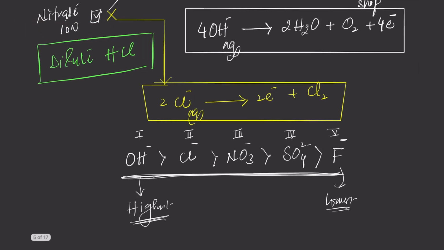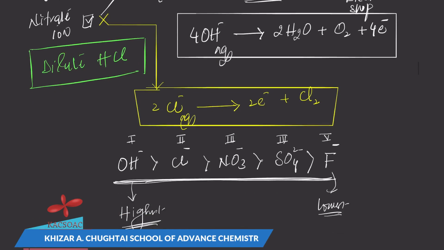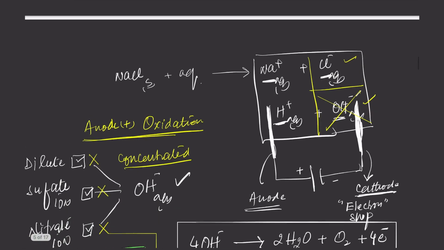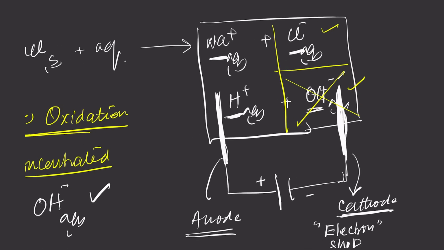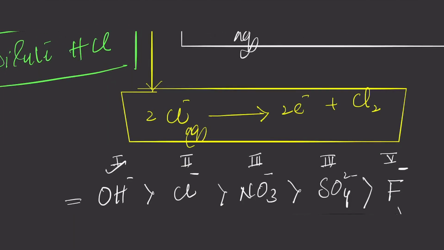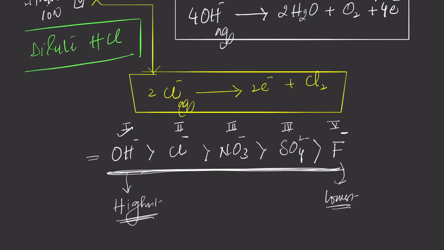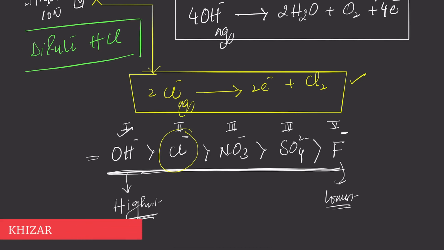So what is the reason for your choice? When the OH- ion is the winner, it simply means it is according to the electrochemical series. Here is the competition between the OH- ion and the Cl- ion, and OH- is the winner according to the reactivity series. It is according to the law. It's obvious that OH- ions are more reactive than the Cl- ion. But when Cl- ions are going to discharge at the anode, there could be only one reason, as far as your syllabus is concerned: that they are in high concentration.